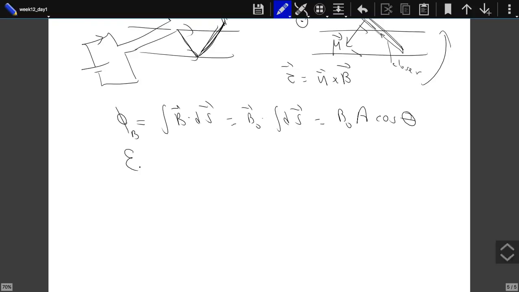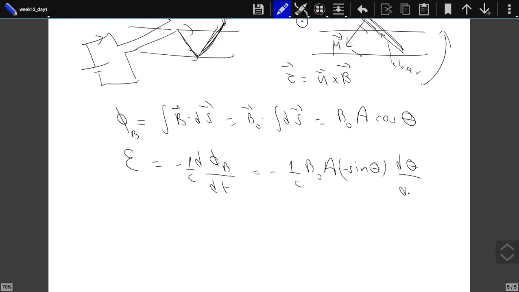And then the EMF will be minus d phi_B by dt times 1 over c, which will be minus 1 over c B0 times A times minus sine theta times d theta by dt. That is B0 A over c sine theta omega of t.